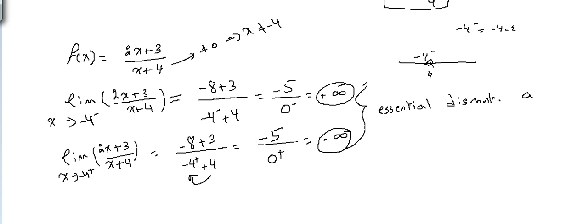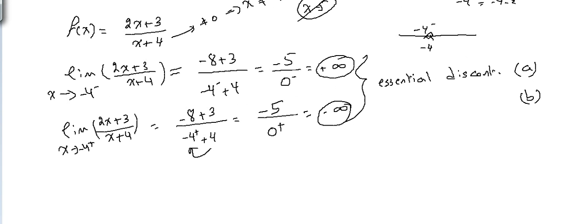This is part A. Part A is the essential discontinuity. Part B: if you remember, we had x minus 5 in the numerator and denominator, and we canceled it. This means if we substitute 5 in f of x, what is f of 5? f of 5 equals 2 times 5 plus 3 over 5 plus 4.